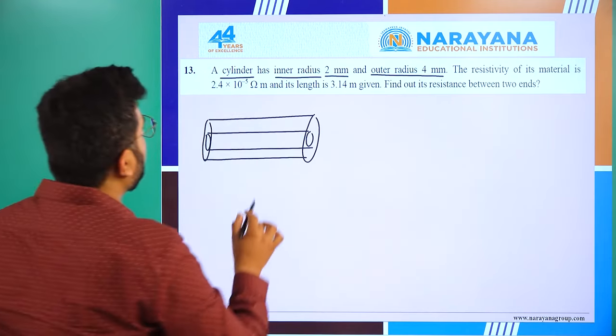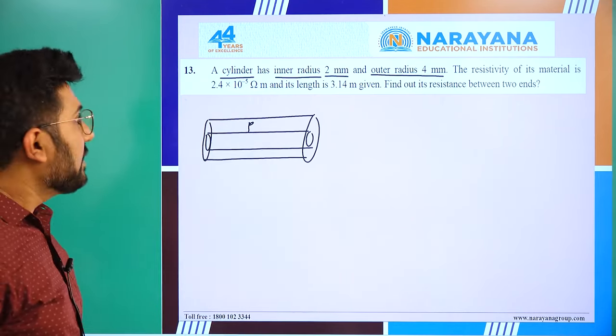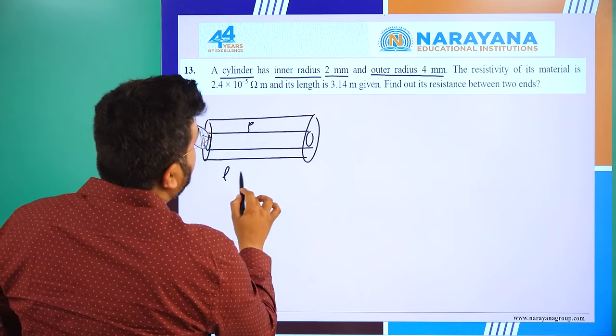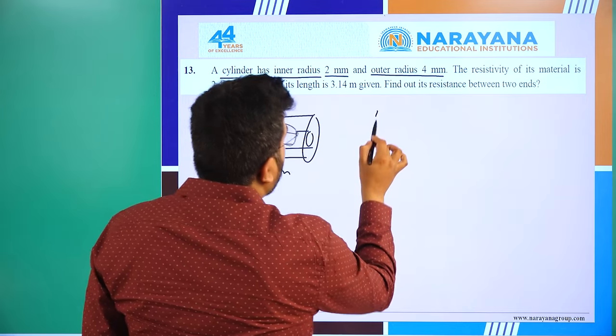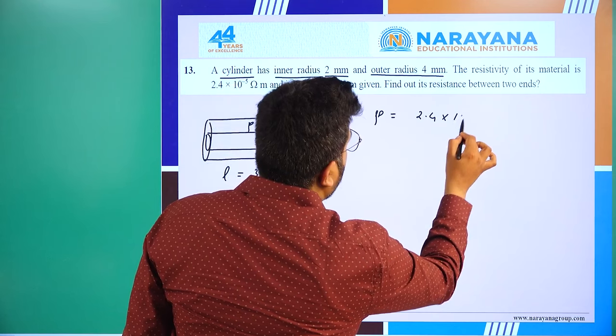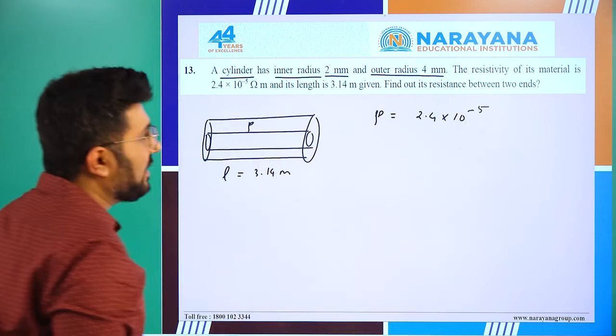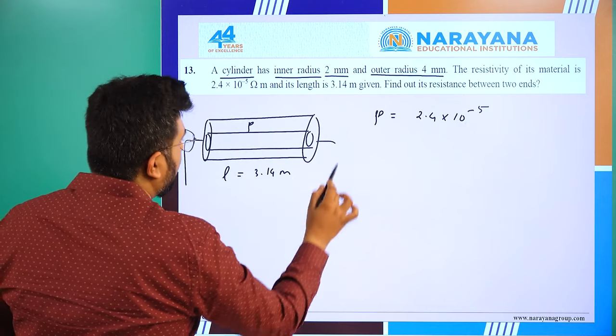The resistivity of the material is rho, the length is 3.14 meters, and they have given the value of rho, which is 2.4 into 10 raised to the power minus 5. Then what is the resistance between the two ends?